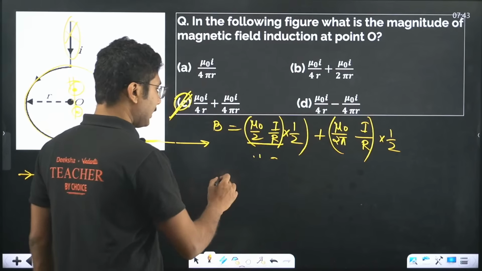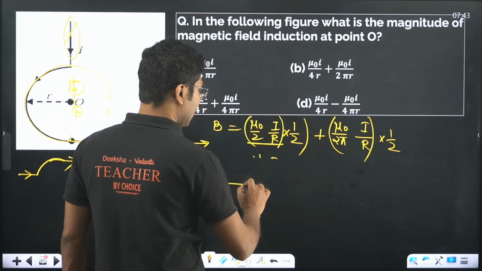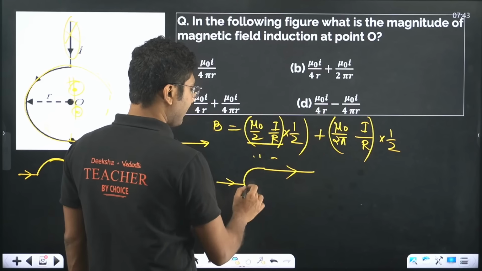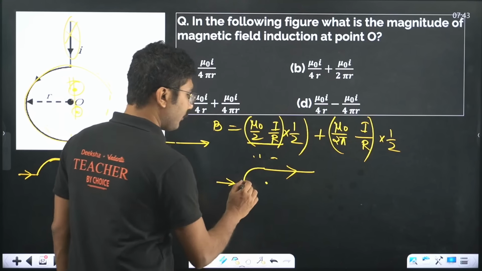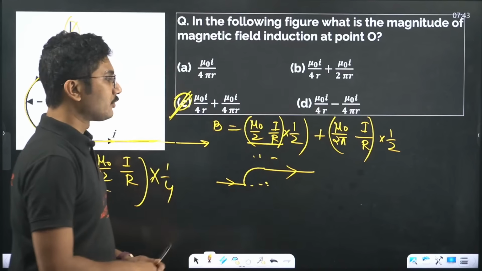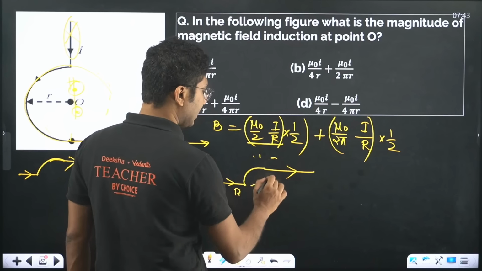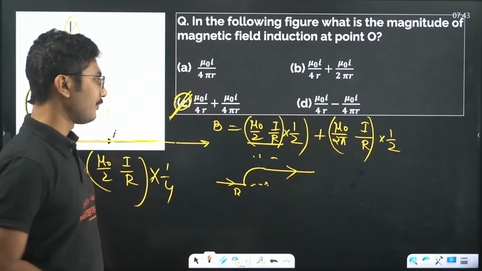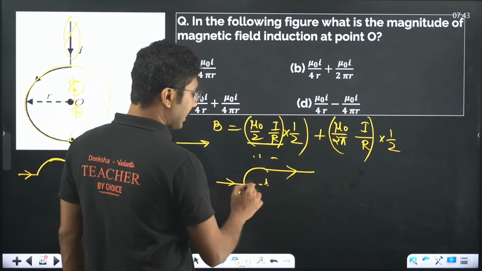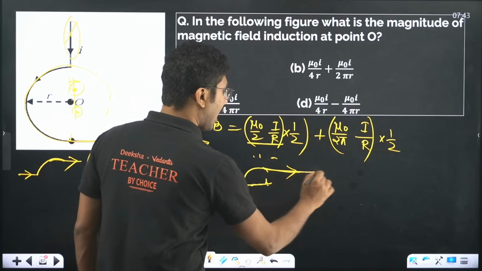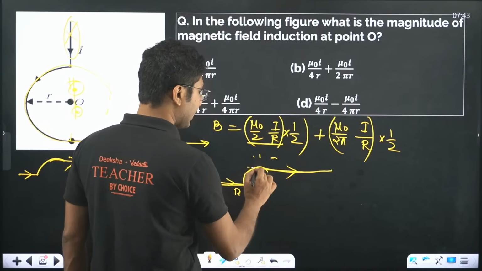For example, if they give you a circuit like this, calculate the magnetic field at this point. If the wire is going directly towards the point where you are finding the magnetic field, the magnetic field due to this wire will be 0. This is a half infinite wire, and this is a quarter current carrying wire.